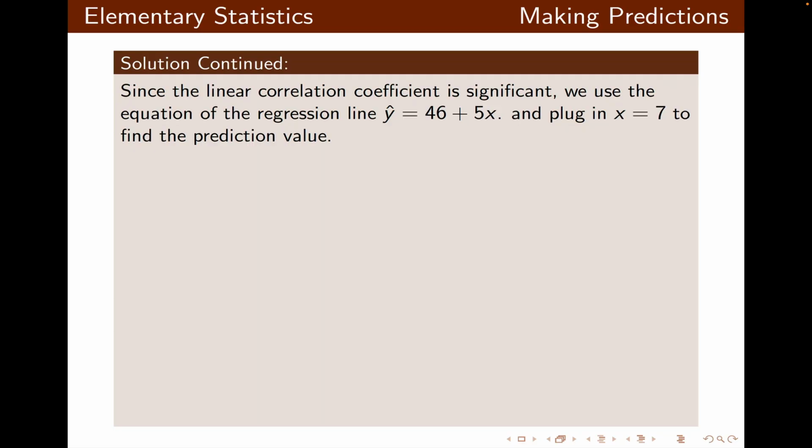For x equal to 7, we plug in 7 for x. We follow order of operations, and our prediction value for exam score, if someone studies 7 hours, is 81.